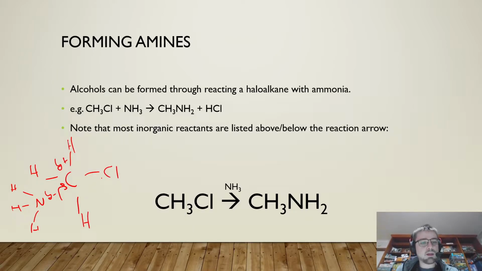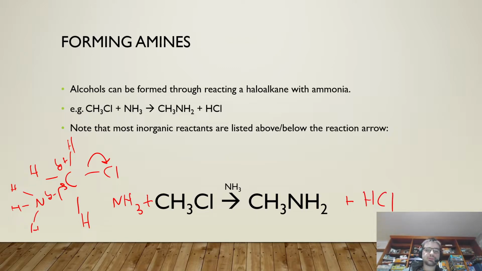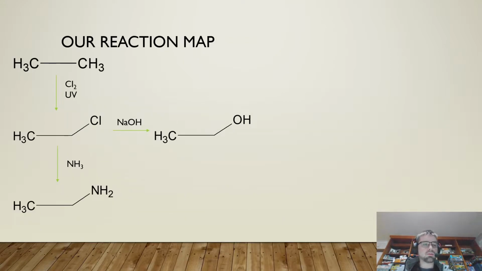And then the chlorine is going to leave as chloride. So we could write this out here in full as well if we want to, and we'll end up with hydrogen chloride coming off again. So we can put that on here as well. So we take our haloalkane, we add ammonia, and we'll get an amine.